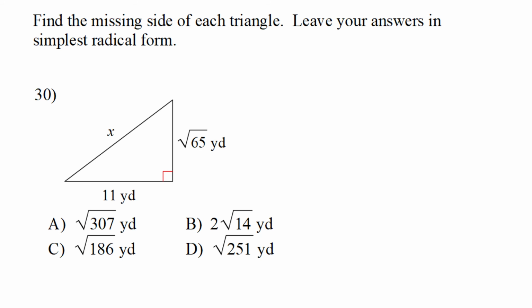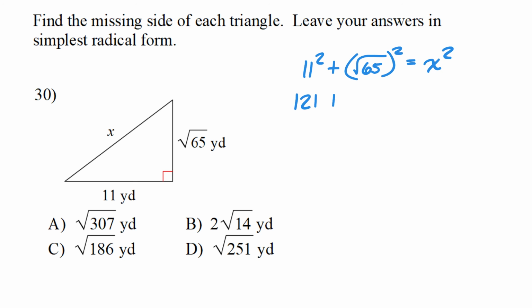And then the last thing we're going to see is just regular old Pythagorean's theorem. Remember, Pythagorean's theorem is leg squared plus leg squared equals the hypotenuse squared. 11 squared is 121.